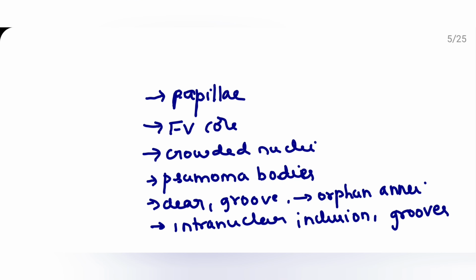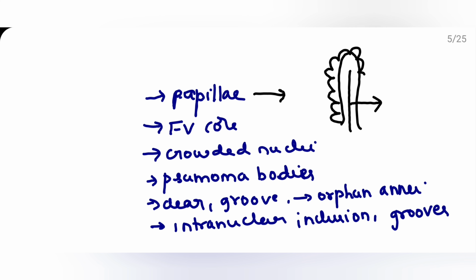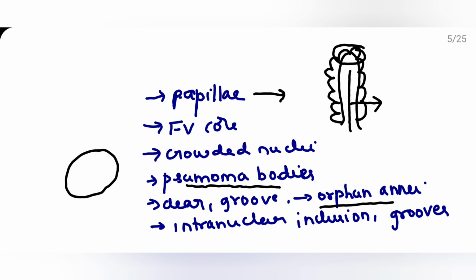Coming to microscopy, you will see tumor papillae, and these papillae have a fibrovascular core, and are lined by crowded cell nuclei. Also at the tip you can see psammoma bodies, which is nothing but dystrophic calcification, and the nucleus is clear, large, giving the appearance of Orphan Annie nuclei, and there can be intranuclear inclusion.